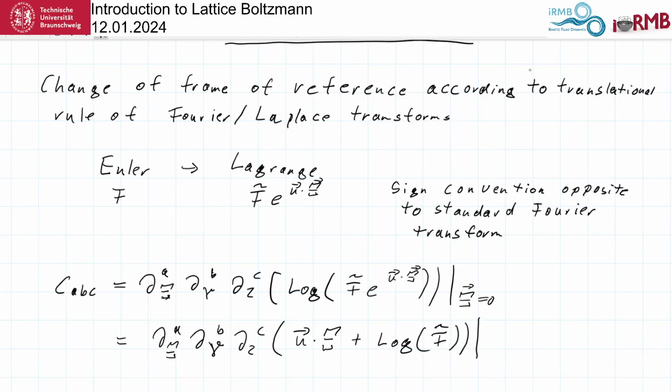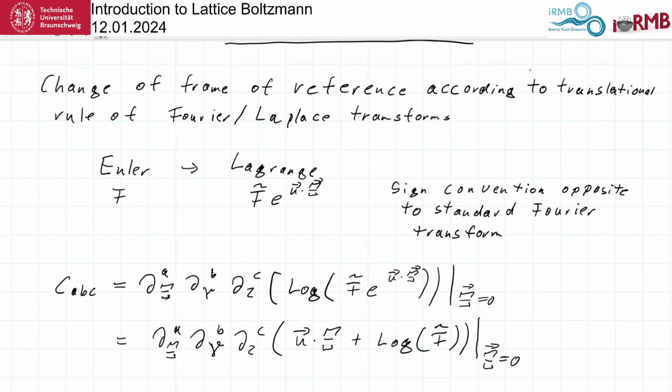Now remember that because f tilde is in the moving frame of reference, by definition, in the material frame of reference, it does not have any velocity. So the first order moments of this would be 0. But the cumulants would still be non-zero because they have this part here.